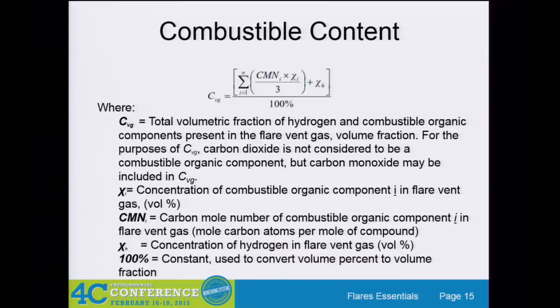You normalize the propane, add in the hydrogen, and that's your combustibles content. How you do this monitoring for combustibles content is not exactly known, because most things that speciate out will give you everything. So why would you stick to just the hydrocarbons and hydrogen? I don't know, but this is an option.